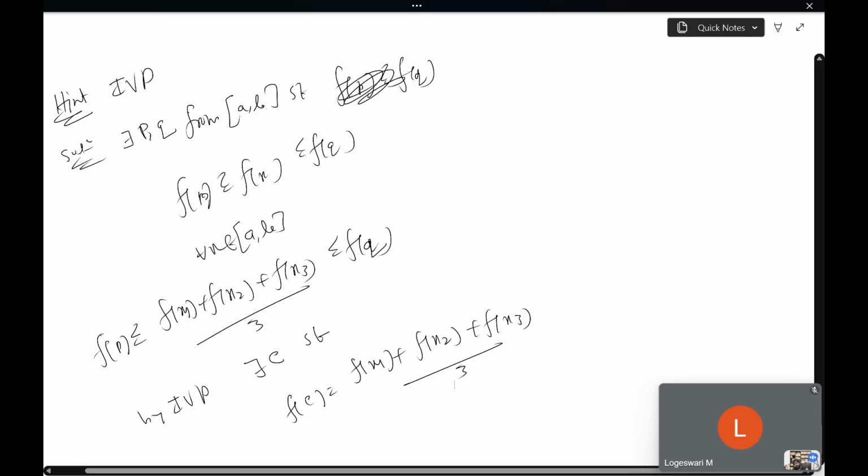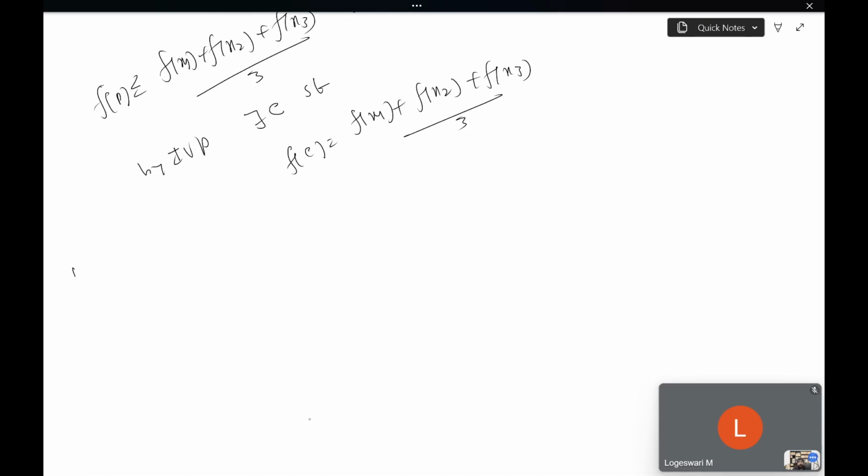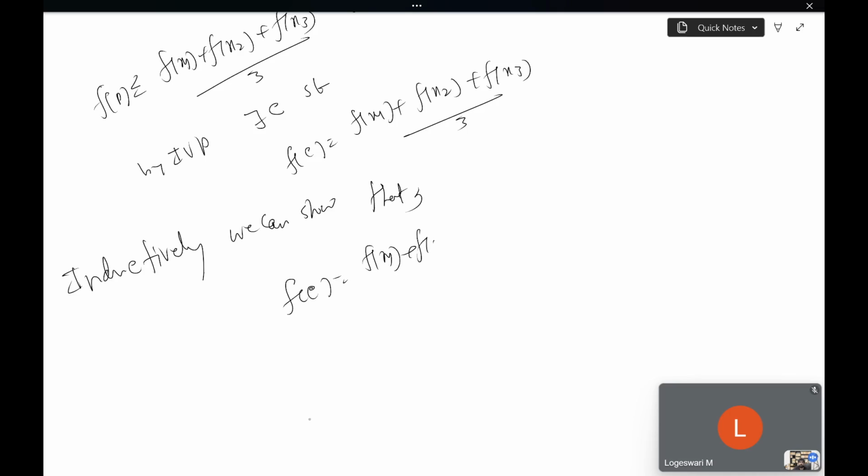And not only this, alternatively we can show that f(c) is equal to (f(x1) + f(x2) + ... + f(xn))/n for some c in the domain.